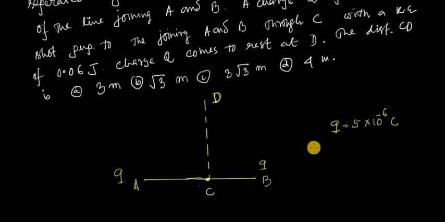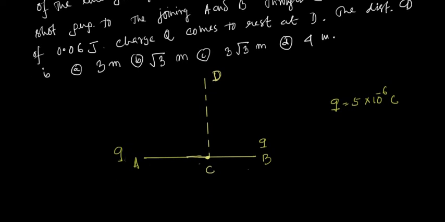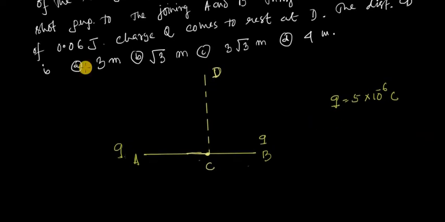So there are two configurations. Let's try to understand. And the capital Q is how much? Capital Q is minus 5 microcoulomb, meaning minus 5 times 10 to the power minus 6 coulomb. This is 3 meter, and this is also 3 meter.